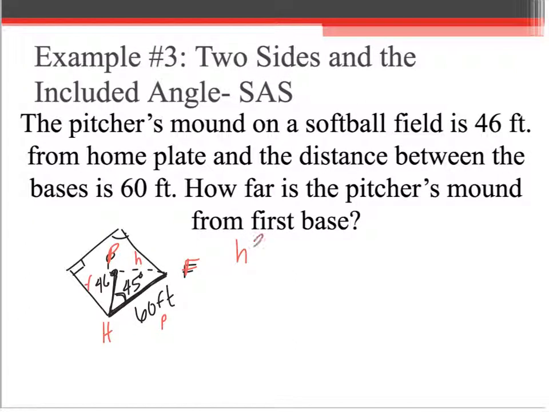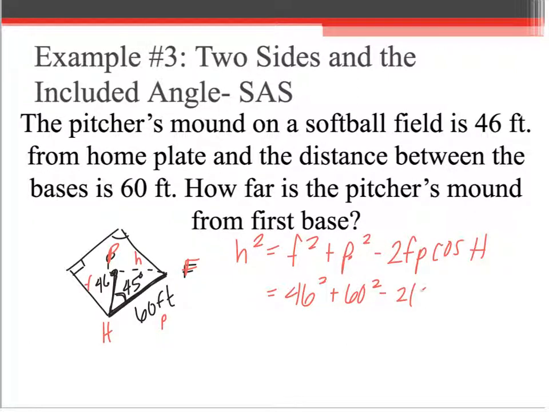So h squared is equal to the sum of the other two sides squared, so f squared plus p squared, minus 2 times f times p, and then cosine of the angle that we were given, which is H. If I put that information in, that would be 46 squared plus 60 squared minus 2 times 46 times 60 times cosine of 45.